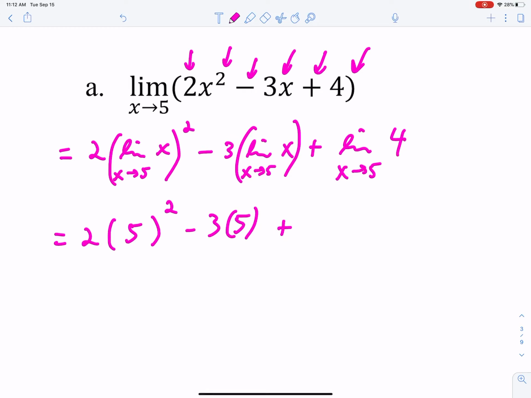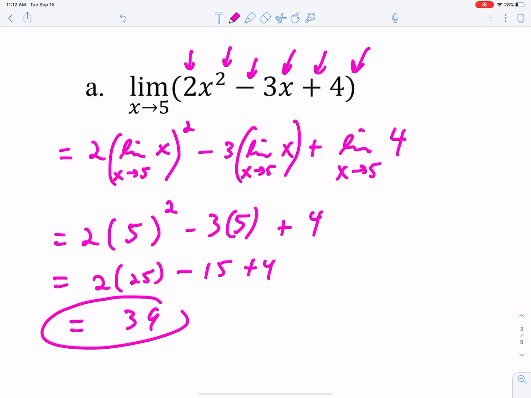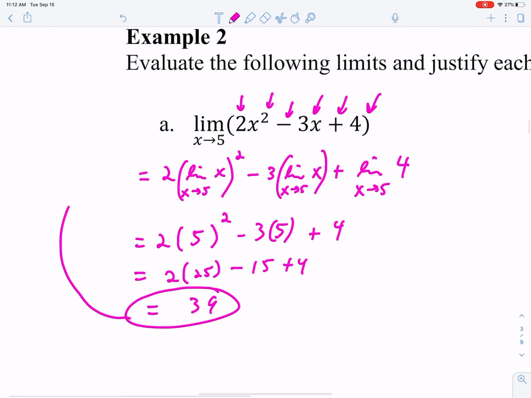Plus, and then we have the constant rule, that's a horizontal line at 4, so no matter what, 4. So put all this together, use PEMDAS, right? So this is 2 times 25 minus 15 plus 4, which should be 39. So 39 is the limit as x approaches 5 of that function right there.